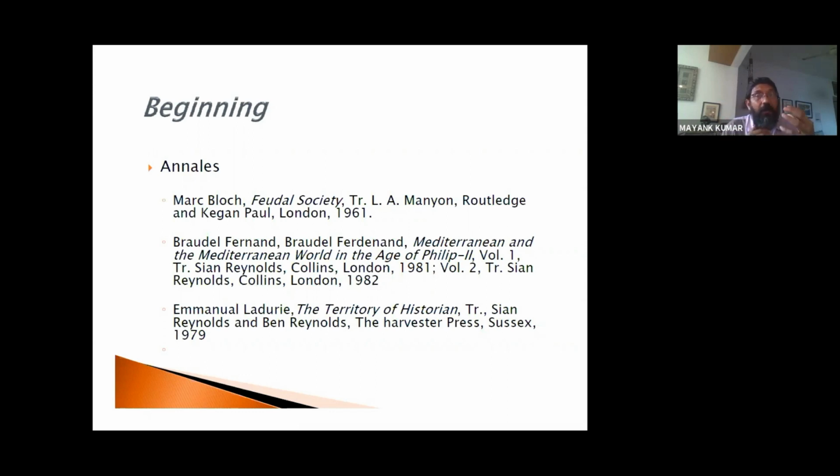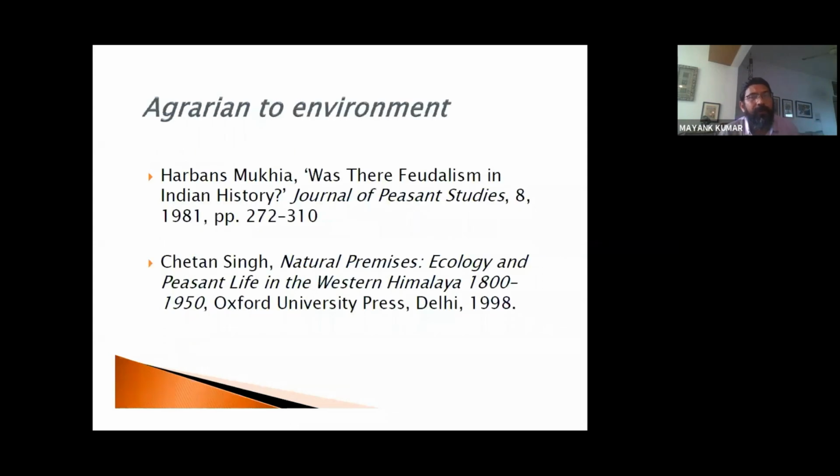This was very clearly understood by Professor Mukhya when he came out with his seminal work, Was There Feudalism in Indian History? He tried to challenge that the mere availability of different kinds of donations of land does not mean that we are encountering or going through a phase of feudalism. Feudalism has different characteristics.